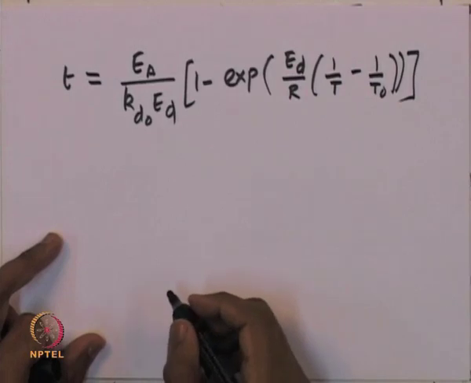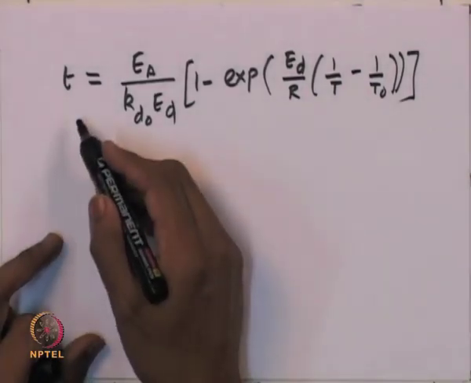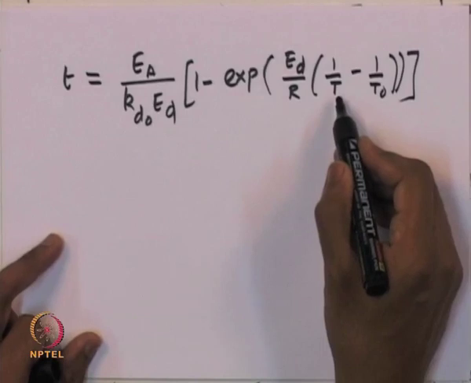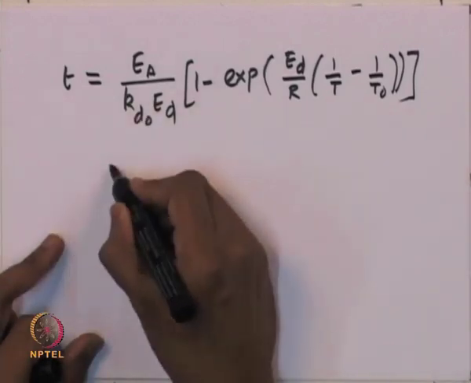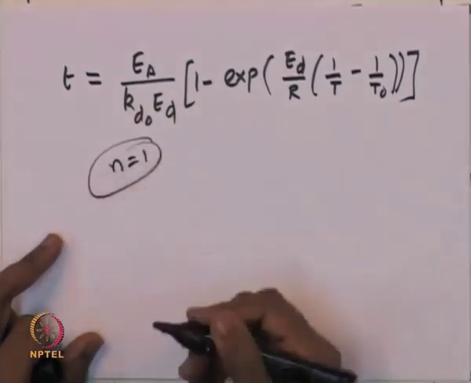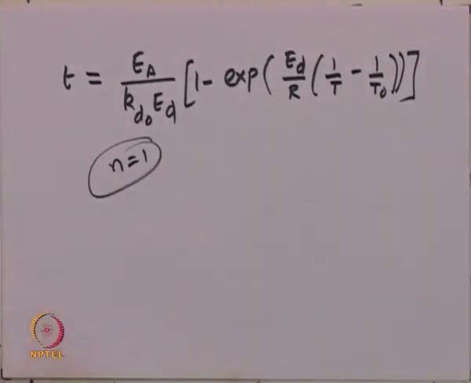So, that is the expression one would get, and that tells you how the temperature has to be increased as a function of time when n equal to 1. That is basically the first order dependence of the deactivation kinetics on the activity of the catalyst.